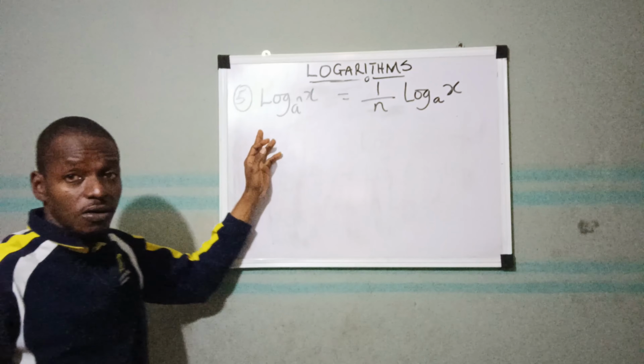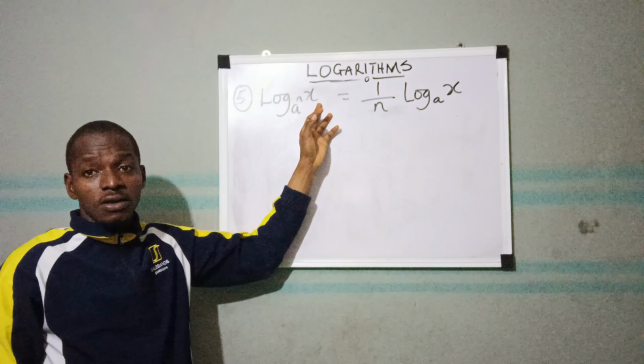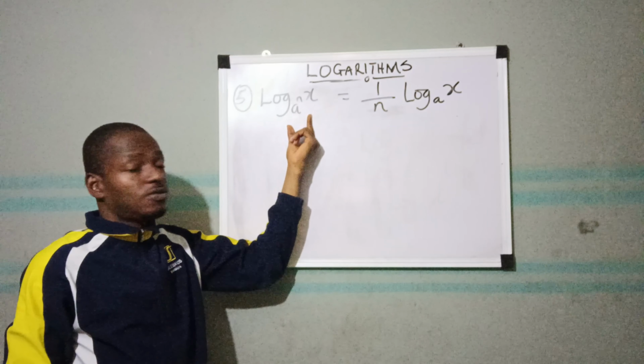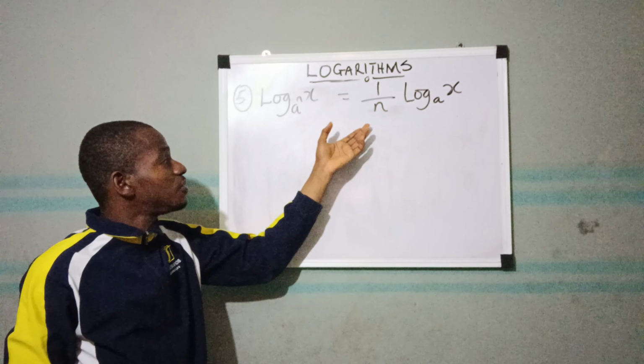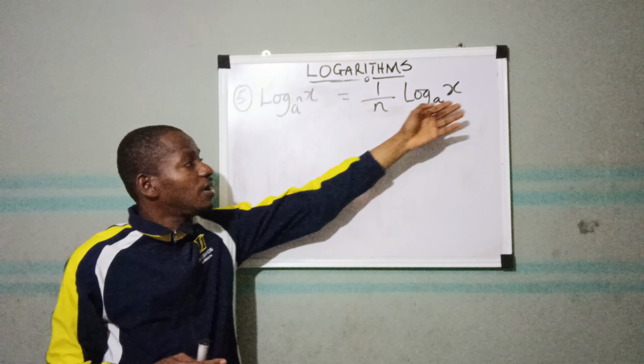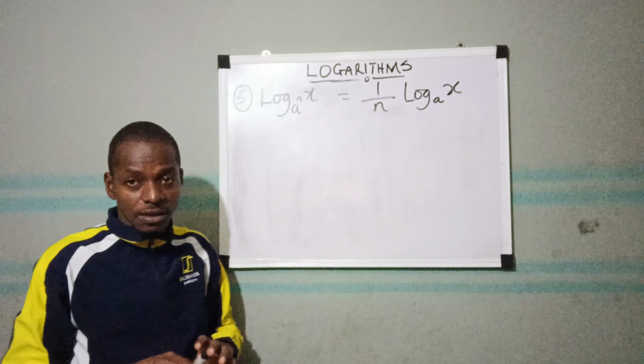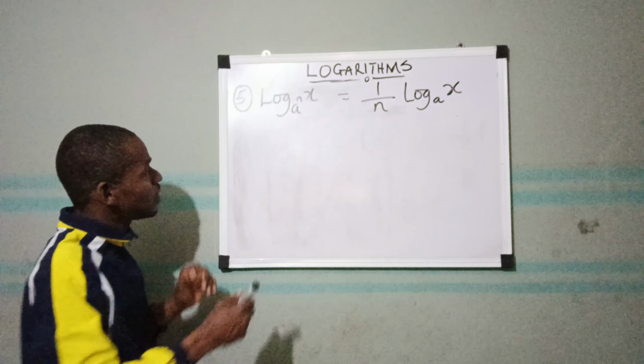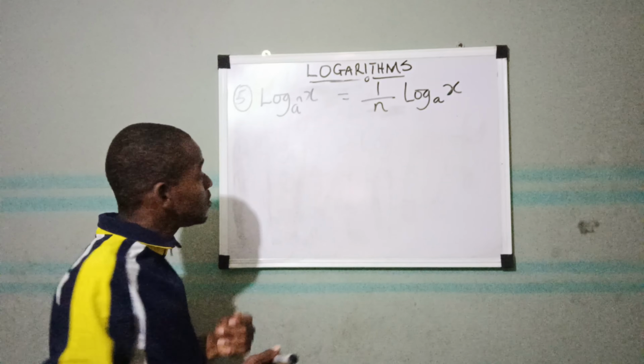So when you have log x base a raised to the power of n, it is the same thing as 1 over n log x base a. Let's take quick examples on this. These are the basic laws.